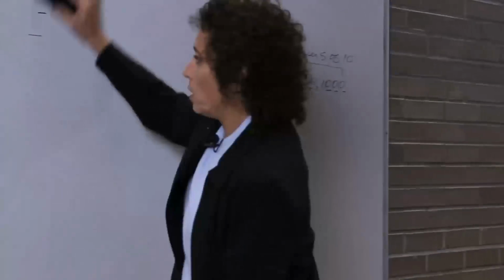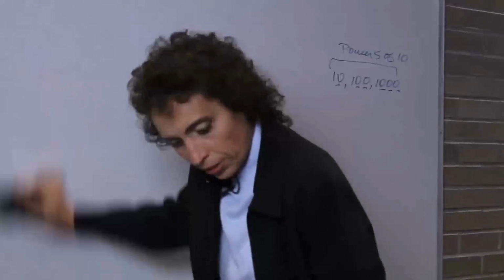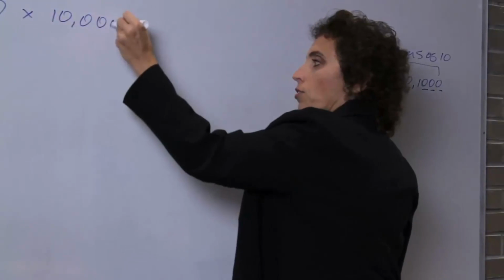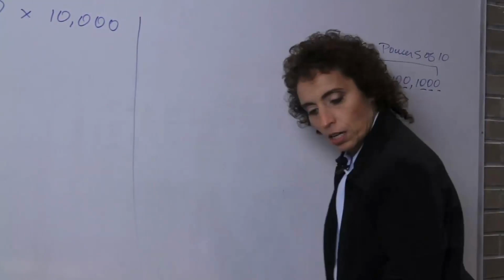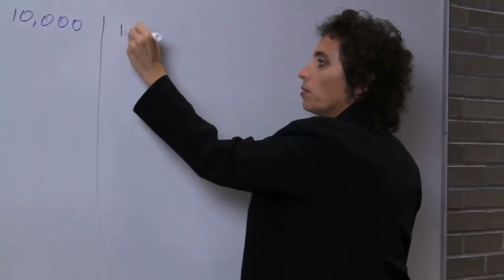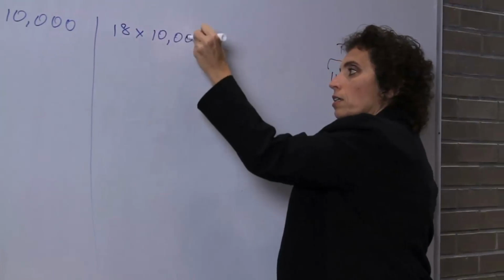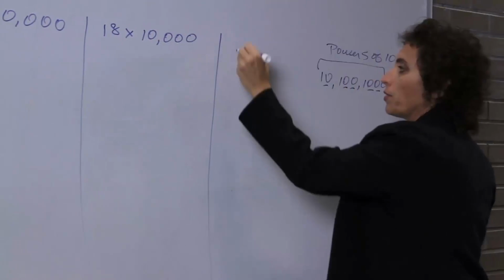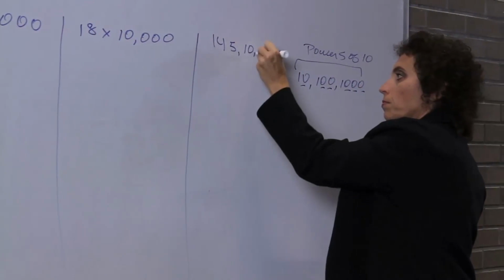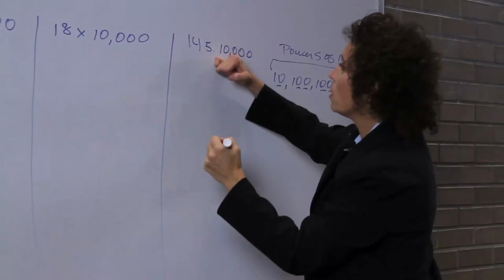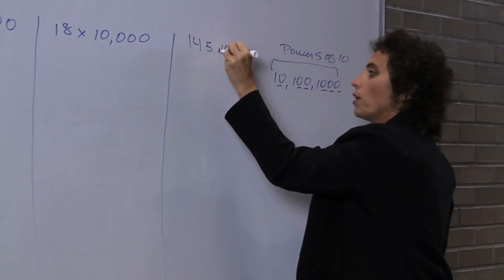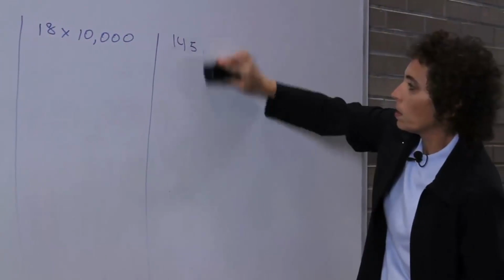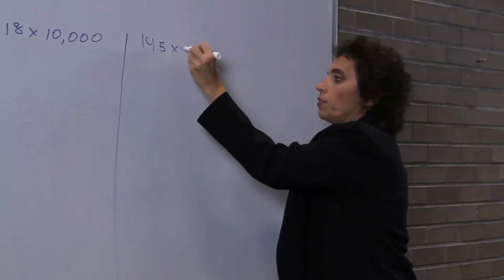Okay, so let's take a look and see if that helps us answer any of this. 7 times 10,000. 18 times 10,000. And 145 times 10,000.